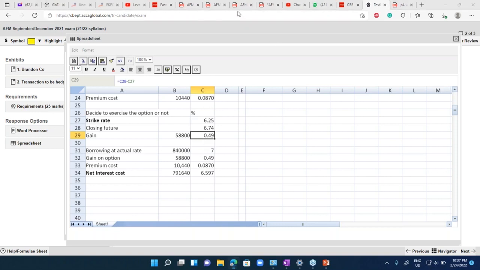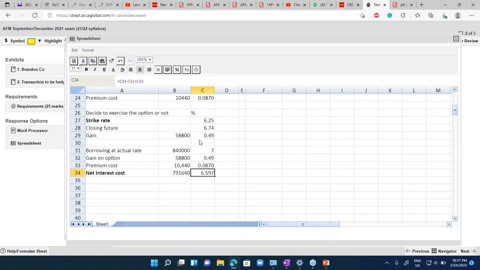So that's how you will solve the option contract. If you are thinking that taxes are complicated, ignore that. You can ignore that. Even, guys, if you don't have time, solve it in percentages.